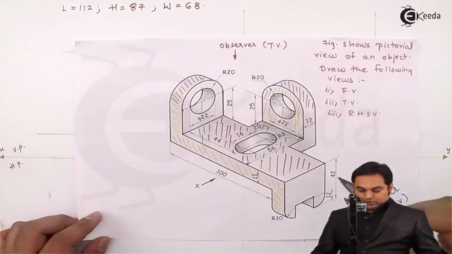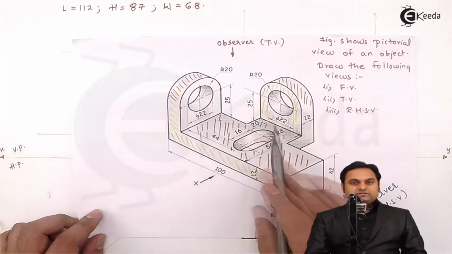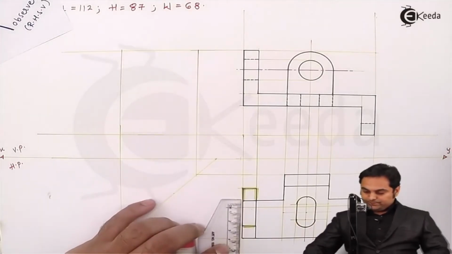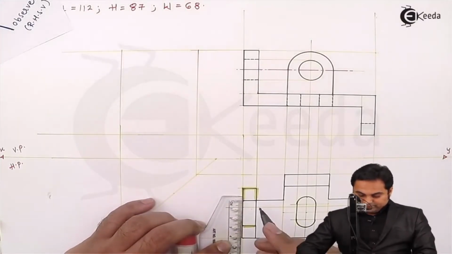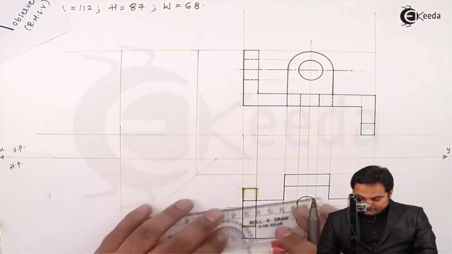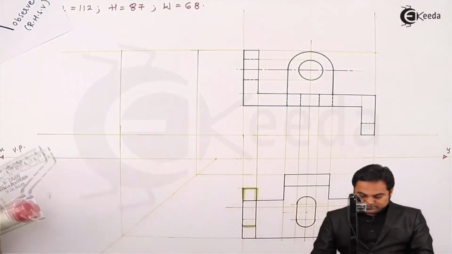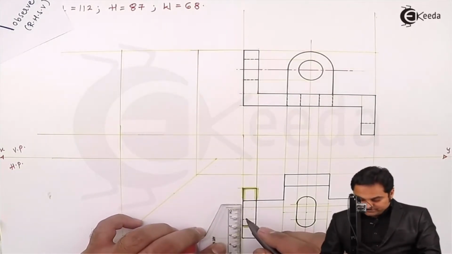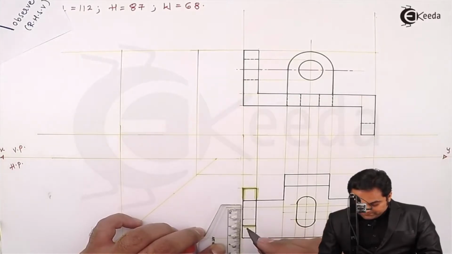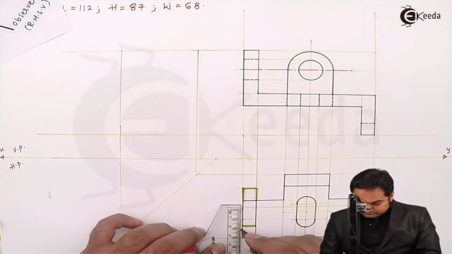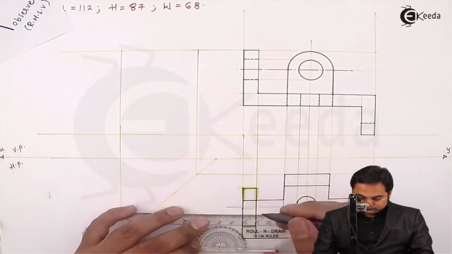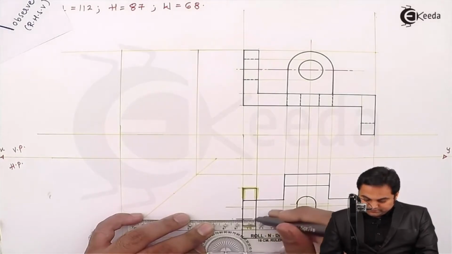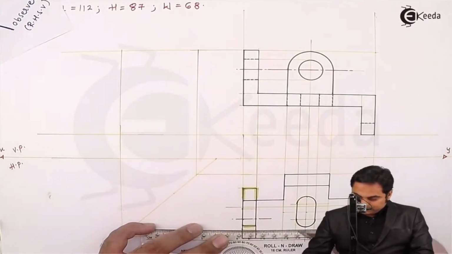Connected. Looking from the top, these circles are going to be hidden. So there will be a circle inside this portion. First I'll take the center of it. That is half of 40, 20 mm. Inside that there is a circle of diameter 22. So marking 11 mm on one side, 11 on the other side. Here is the center line of that circle and it is hidden.